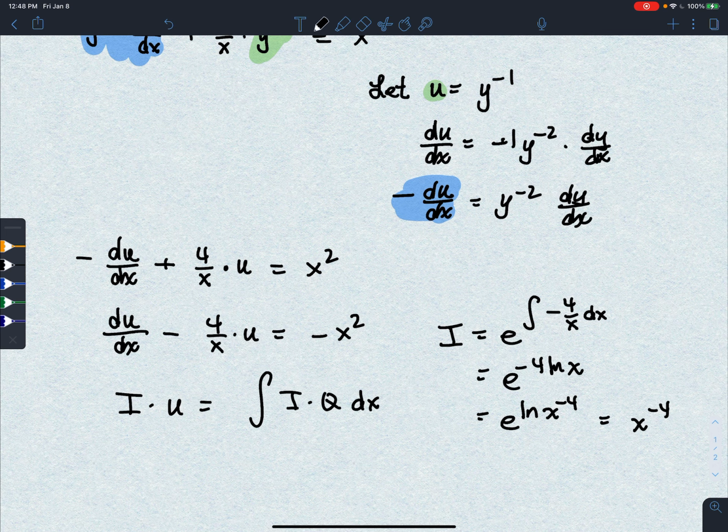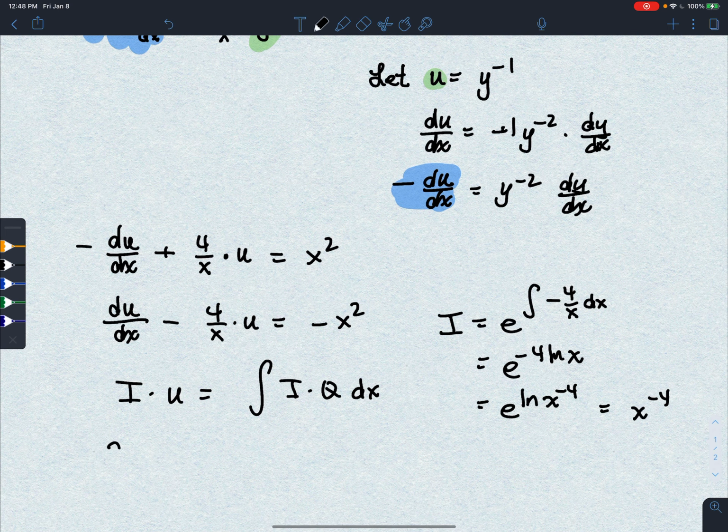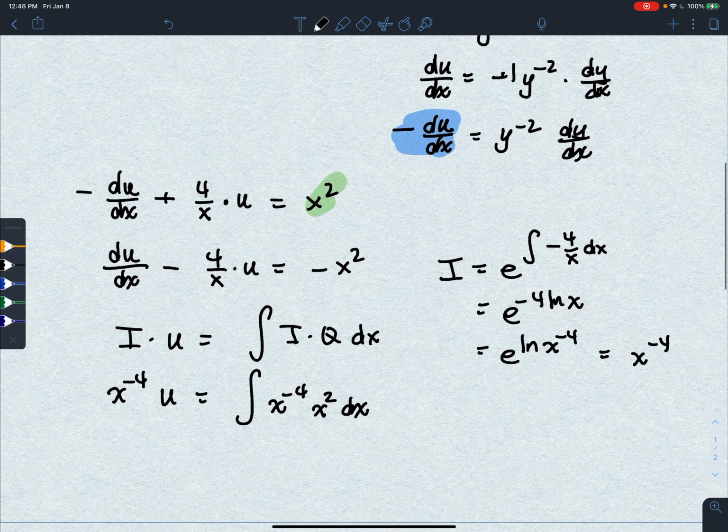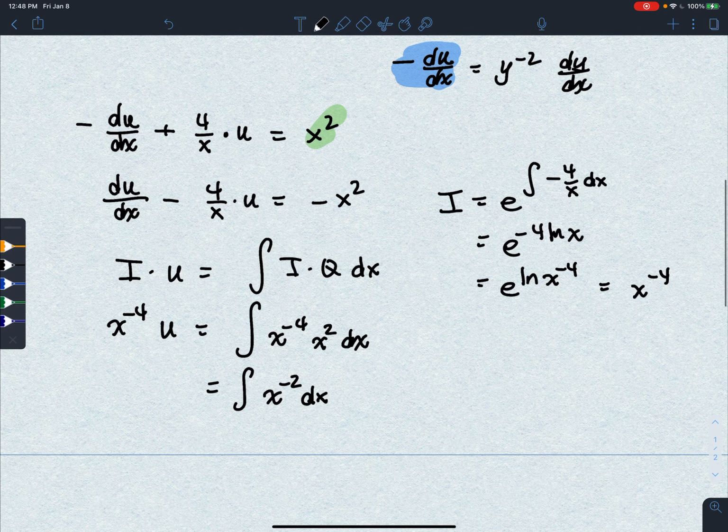Always remember the IQ. So that means we have x to the negative 4th u is equal to the integral of x to the negative 4 times the right-hand side q, which was x squared, dx. And that means we have the integral of x to the negative 2 dx, which is negative x to the negative 1 plus a constant.